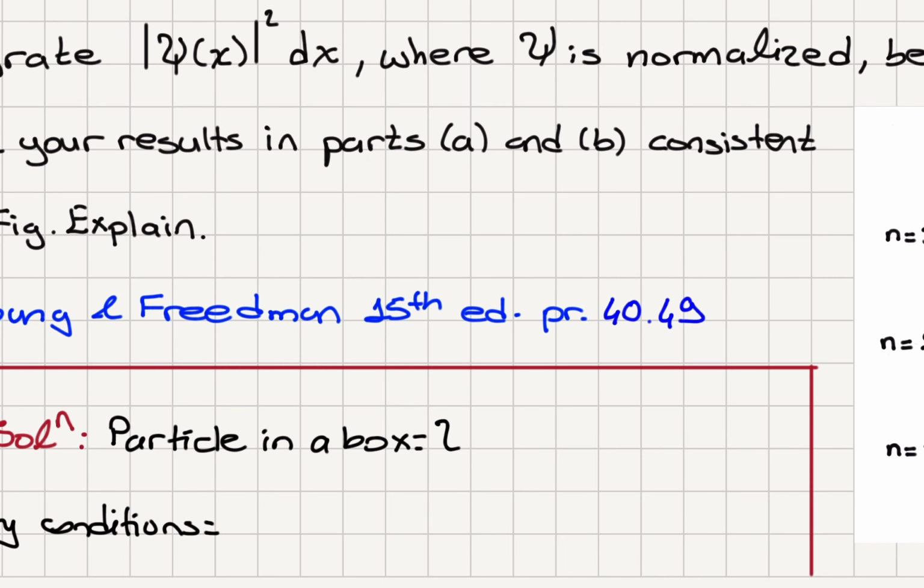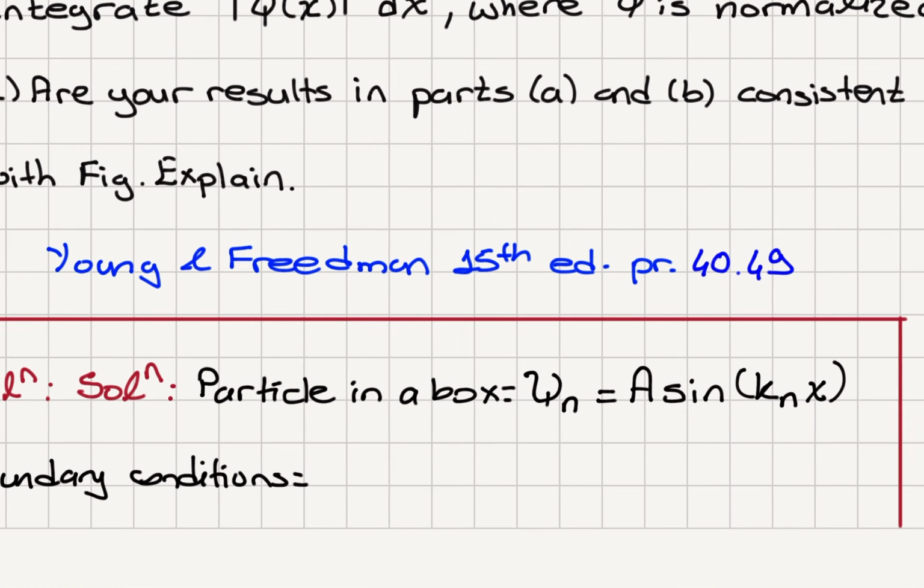wave functions are given by a normalization factor, capital A, multiplied with sine of k sub n x. So n is our quantum number, and the boundary conditions are that the wave function has to vanish at the boundaries.